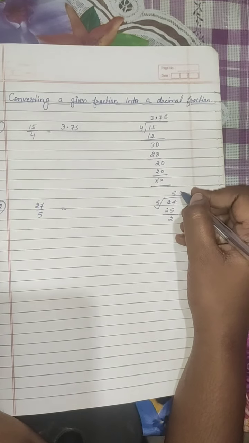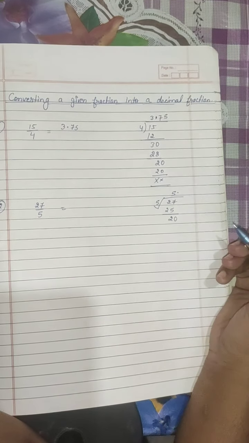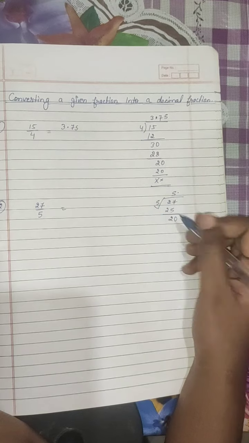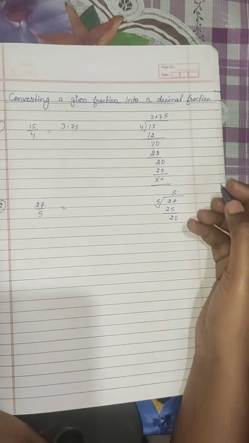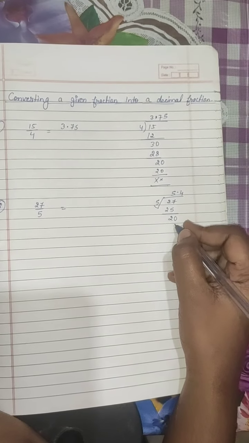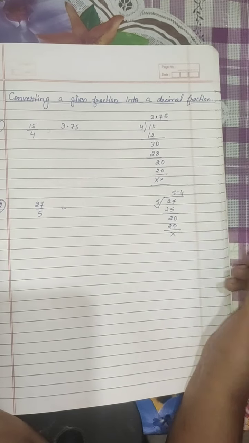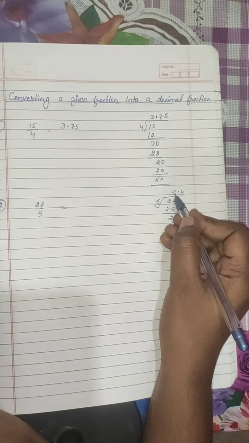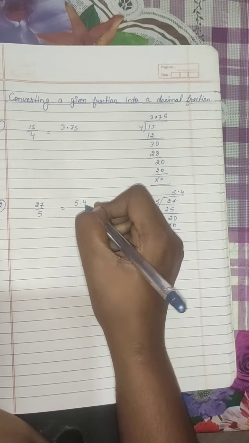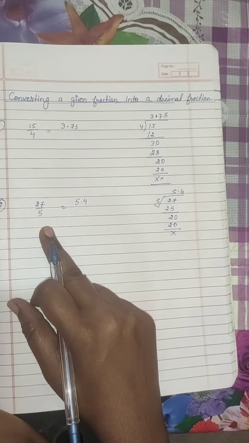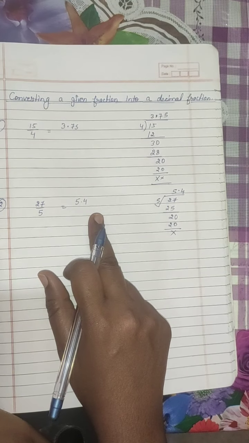Now we will put a point here and we will put 0 here. Now in the table of 5, how many times does 20 come? That is 4 times. So we will write 4 here, then put 20 and we will cut it. So what do you get? You get 5.4. Okay, this is the way to solve a fraction into a decimal fraction.